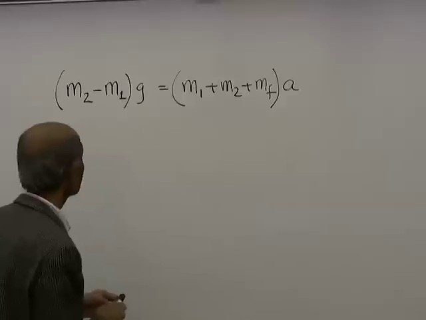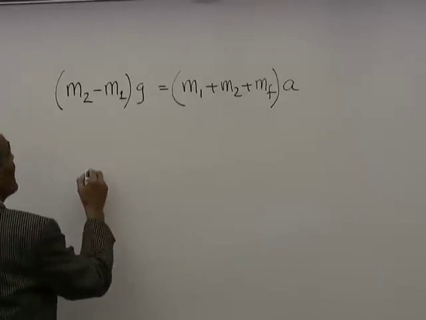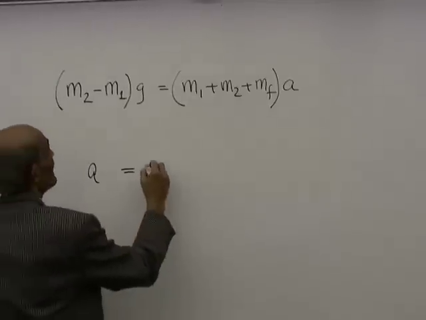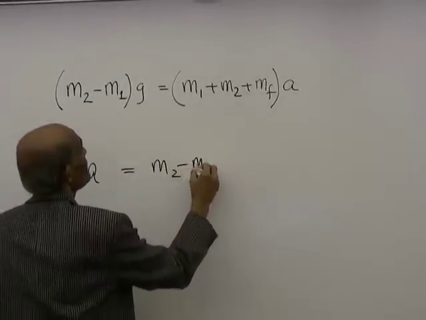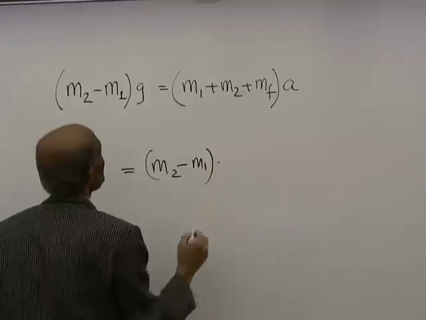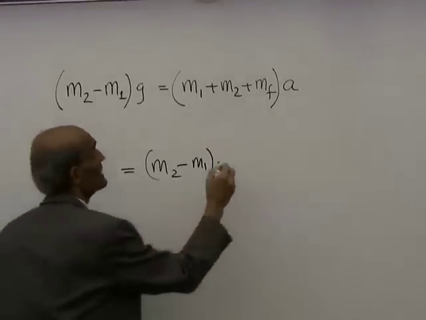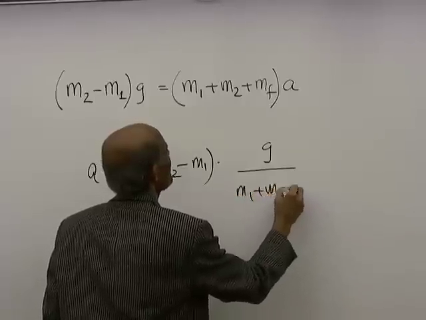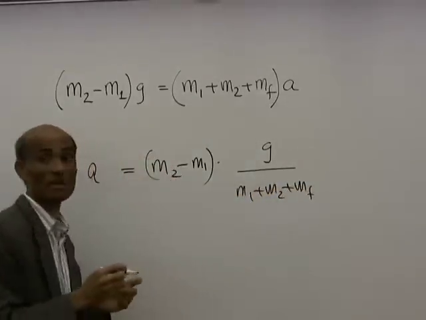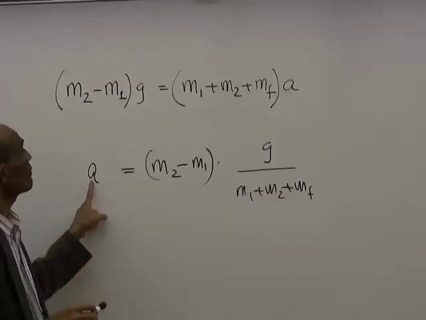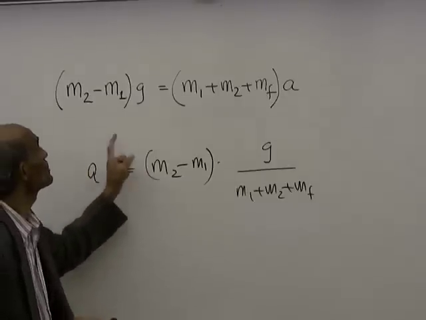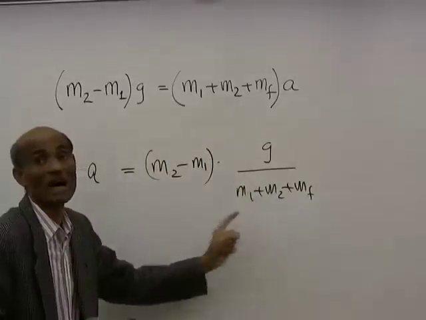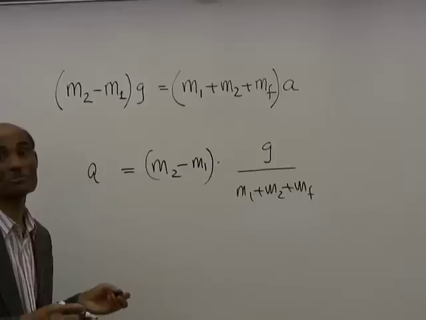So we are now going to write this equation as a equal to m2 minus m1 times, that's a variable, look at the way I'm going to write it, times g over m1 plus m2 plus mf. Is that right? When you solve for a, you get a equal to m2 minus m1 times g divided by m1 plus m2 plus mf.